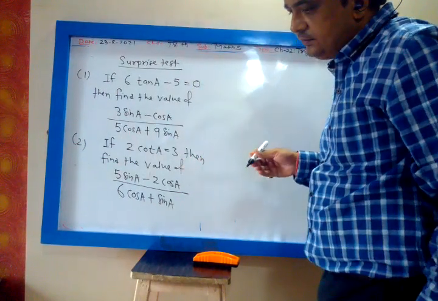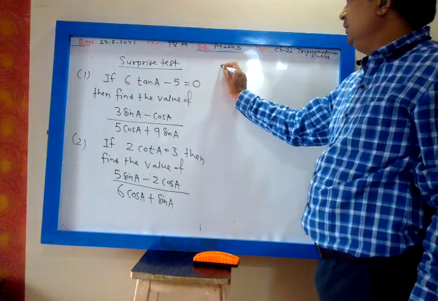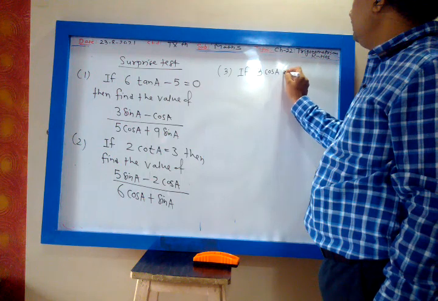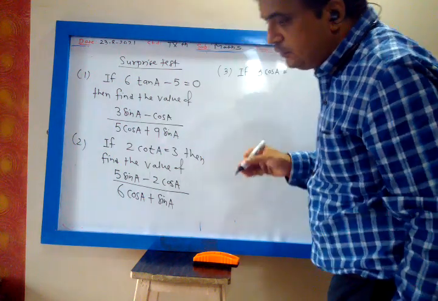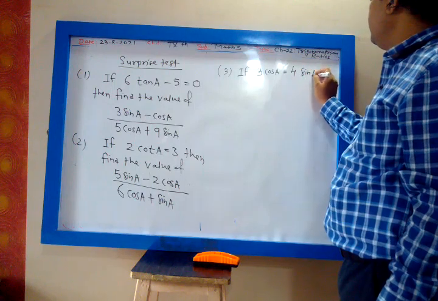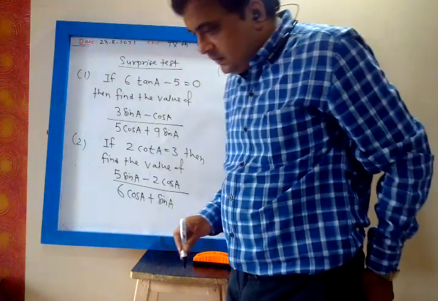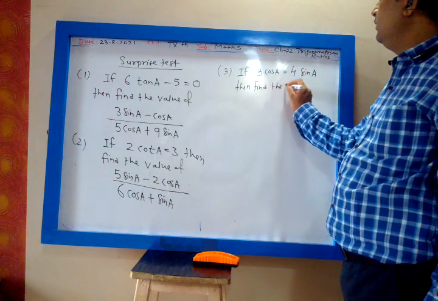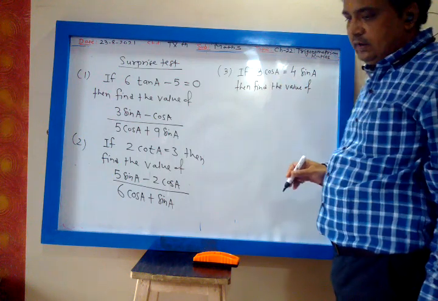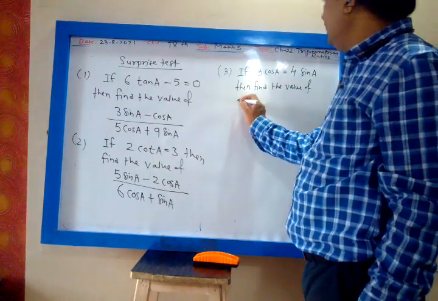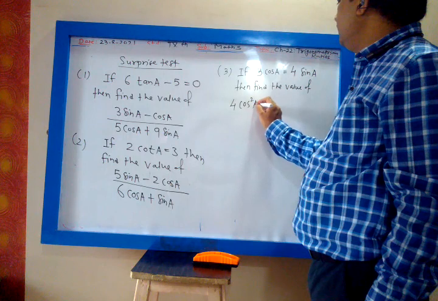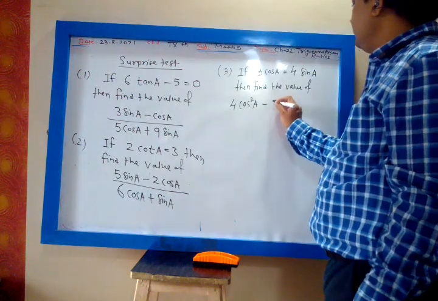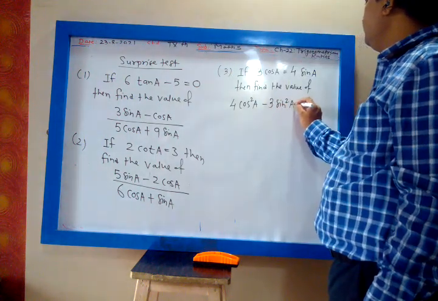Third one: if 3 cos A is equal to 4 sin A, then find the value of 4 cos square A minus 3 sin square A plus 2.